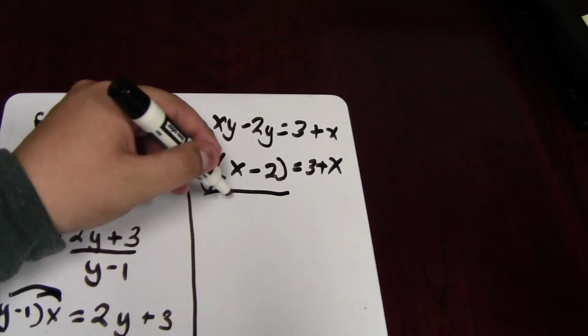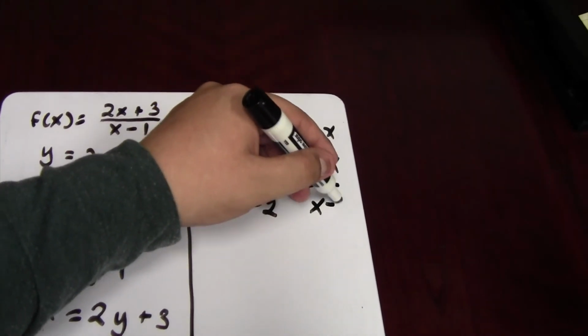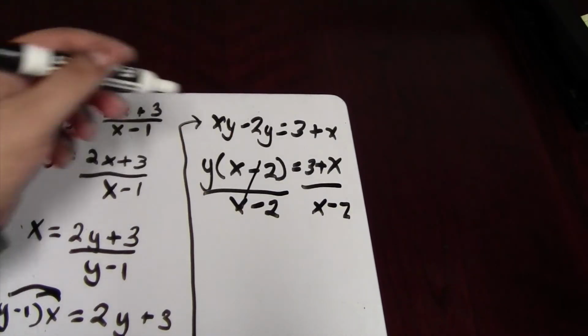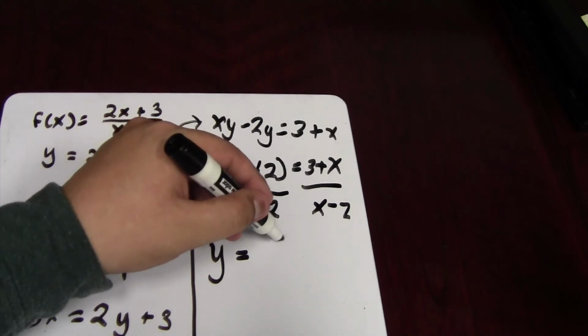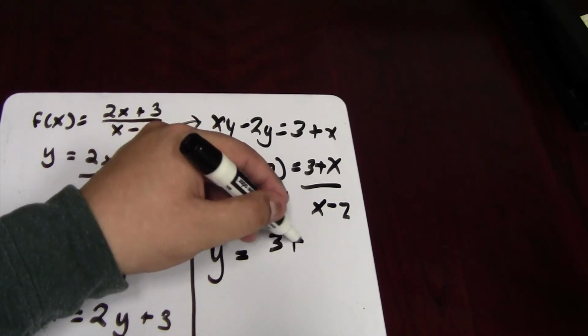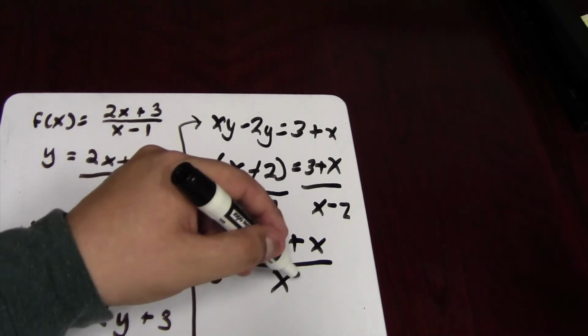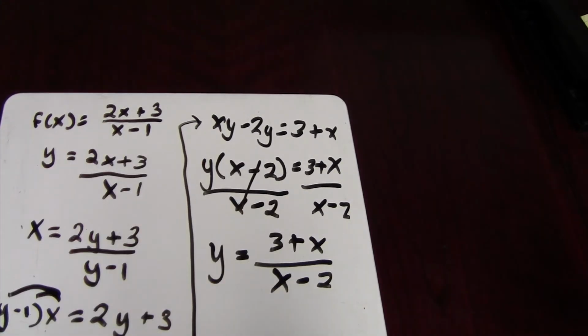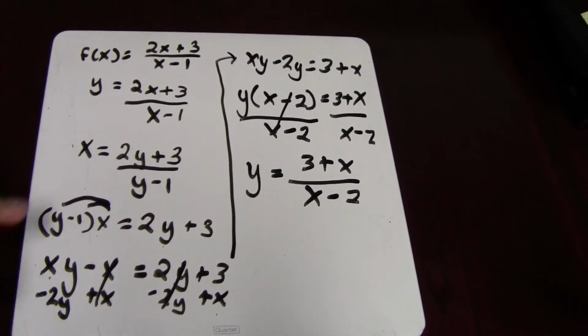Finally, we need to divide both sides by x minus 2. And what are we left with after this divides to 1? We have y equals 3 plus x over x minus 2. That is the end of step 3. There's only one more thing left, and it's a very easy step.